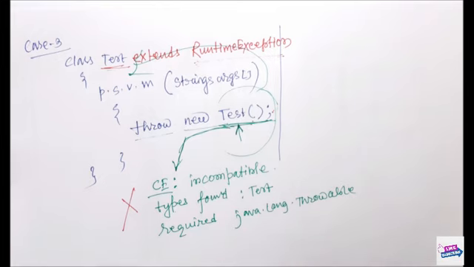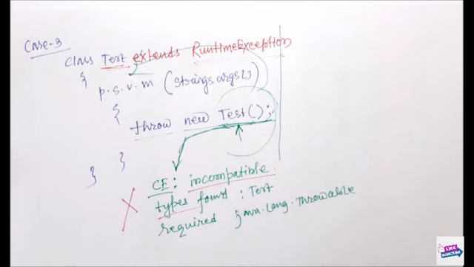If you try to use a normal Java object, we will get a compile time error saying incompatible types. So in this lecture I have discussed what is the throw keyword, or throw clause, or throw statement. Whenever a programmer wants to explicitly throw an exception object, we use the throw keyword.